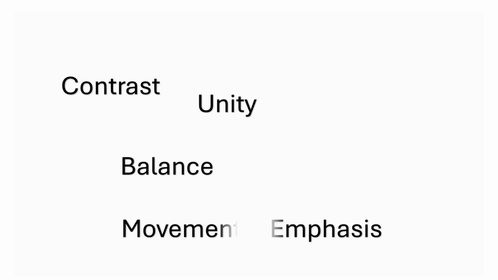Movement and emphasis are that visual pathway, that's movement, and emphasis is the point of interest. It's where you want your viewer's eye to land. And finally, we've got pattern and rhythm, which are different. Patterns are structured. They're predictable.